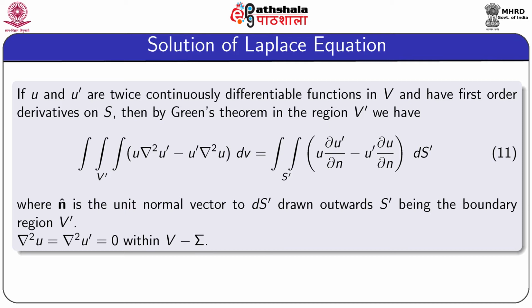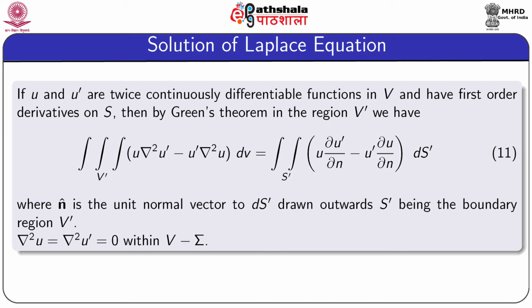Now del square u is equal to del square u dash is equal to 0 within V minus sigma. Therefore, the left hand side of equation 11 becomes 0. Now, if we see the right hand side of equation 11, this S dash is nothing but the union of surface S and small sigma.